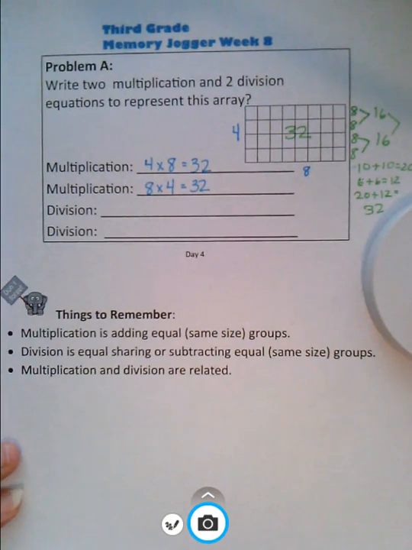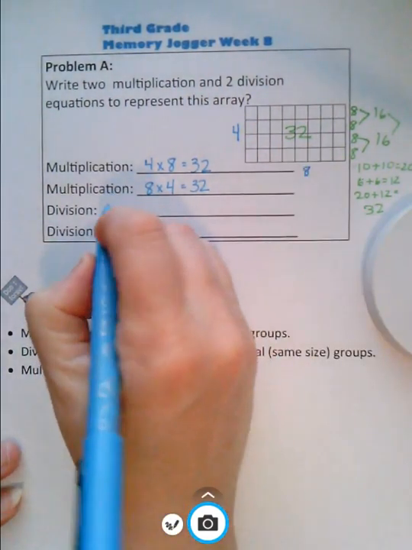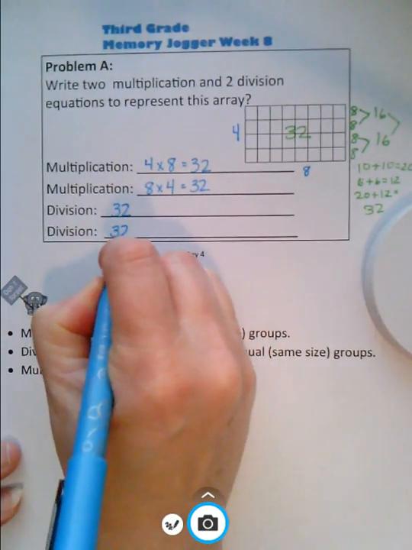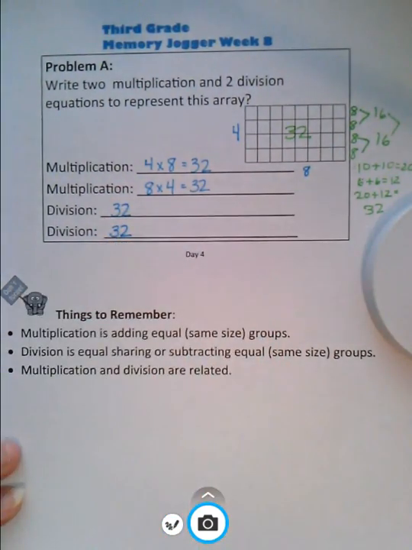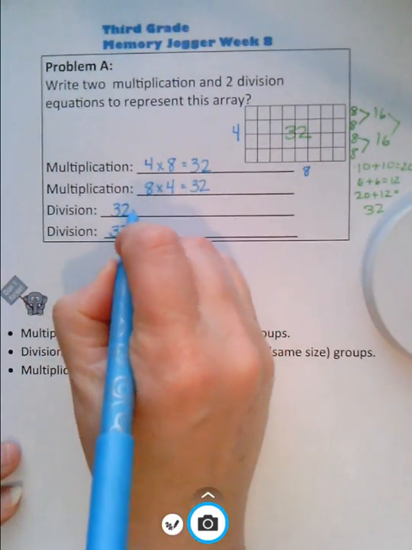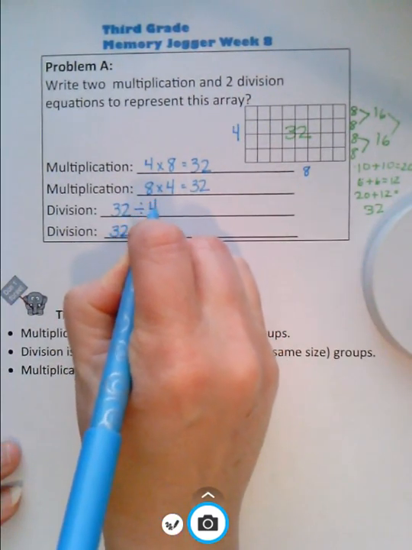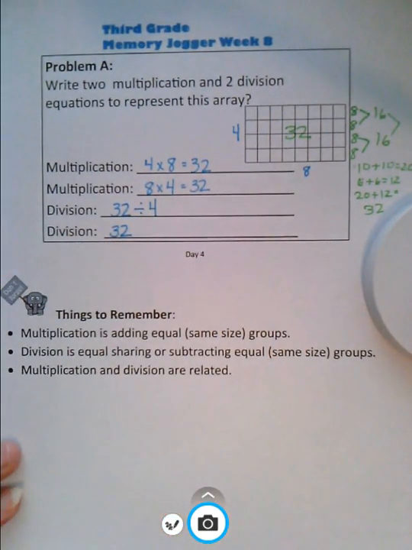The mathematical situation also stays the same if we think of it from a perspective of division. With division we know the total, so in this case we would know that there were 32 squares. And we might think, what if we had 32 squares and we were dividing those squares into 4 equal groups, or in this case 4 rows?